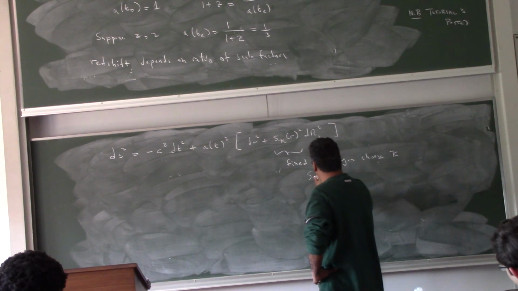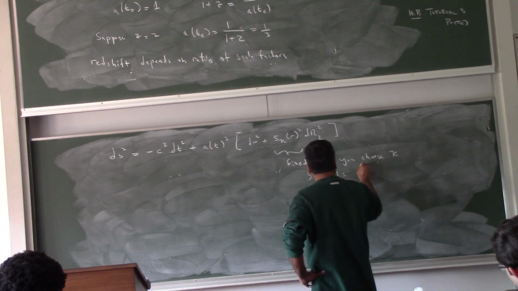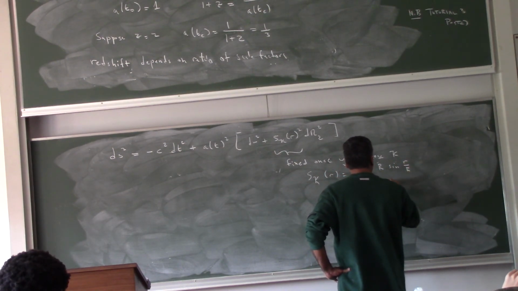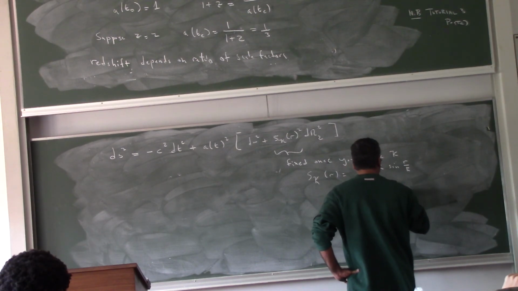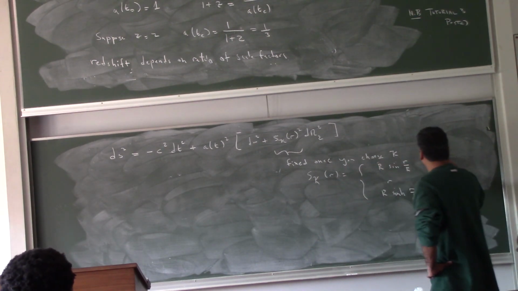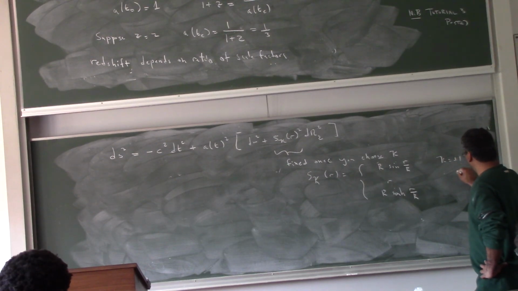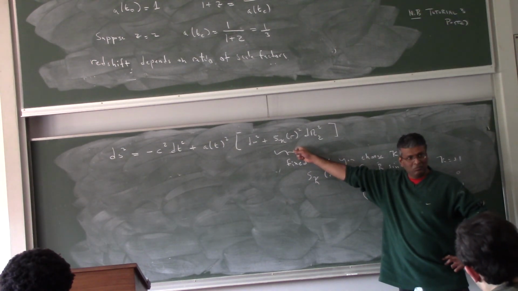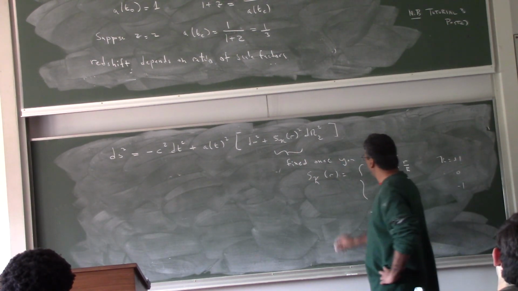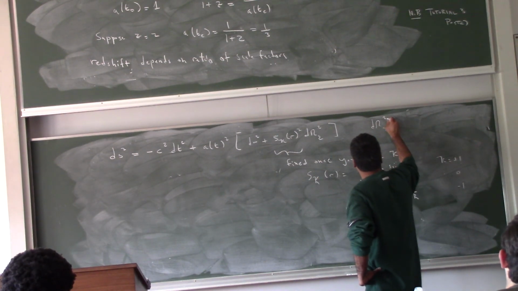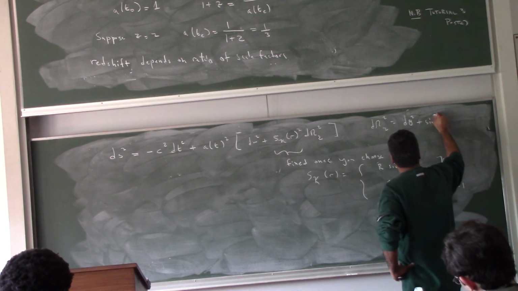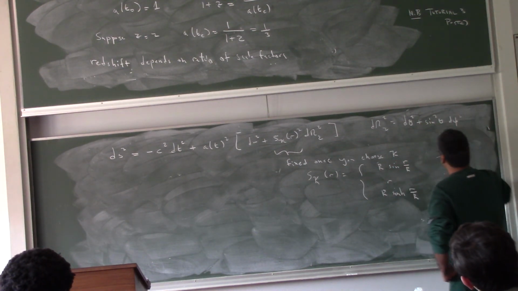S kappa of r was sin r, r, or sinh r, depending on whether kappa was +1, 0, or -1. So once you determine what kappa is, you know what this function in the metric is. Similarly, we know what d omega squared is. This is just d theta squared plus sine squared theta d phi squared.